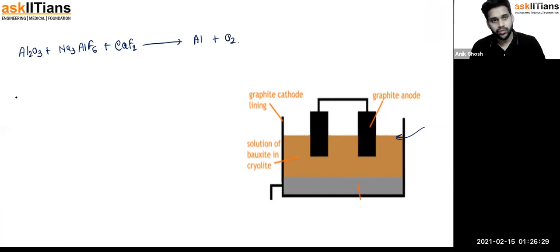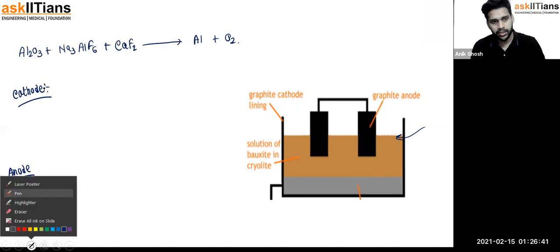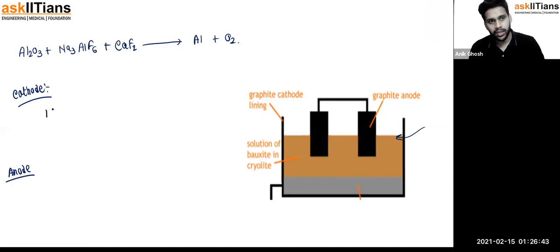So what is the cathode reaction? And the other one is the anode reaction. As I told you, in the cathode, Al3+ is taking 3 electrons to give you aluminium.